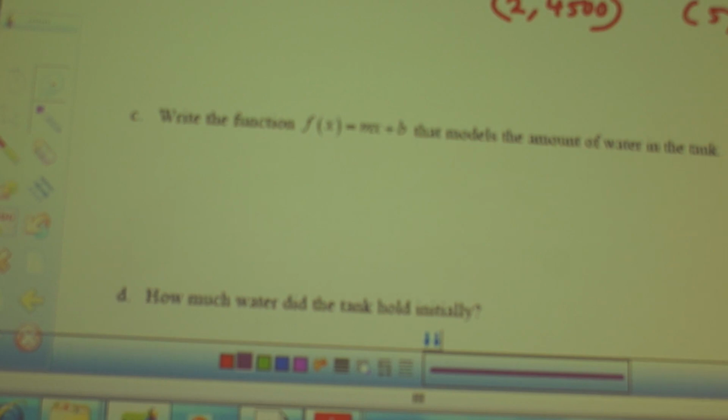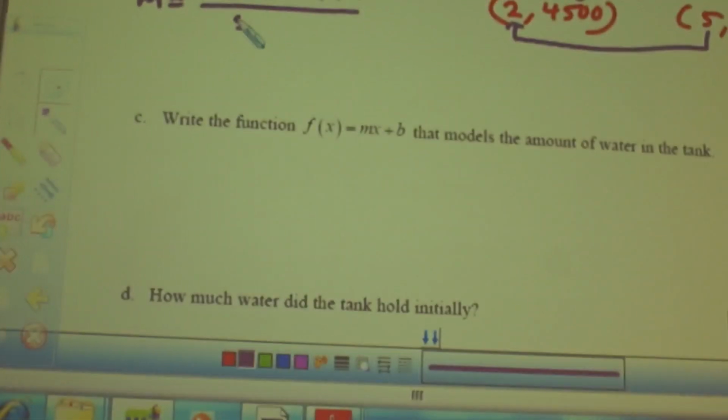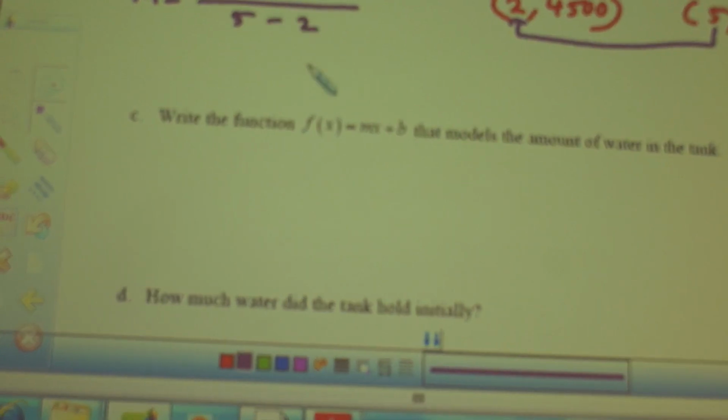All right, we'll do it this way. This one minus that one over this one minus that one. So here's my slope. M is equal to 2250 minus 4500 over 5 minus 2.